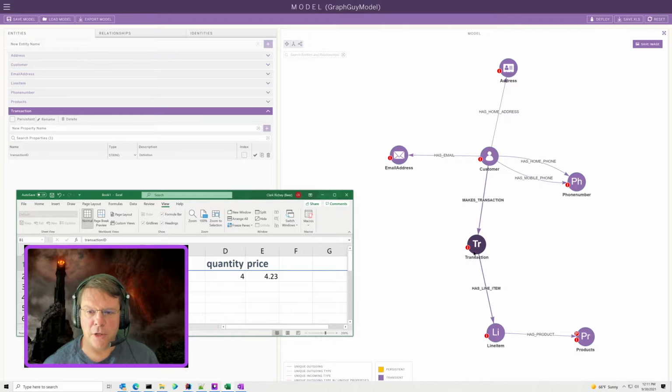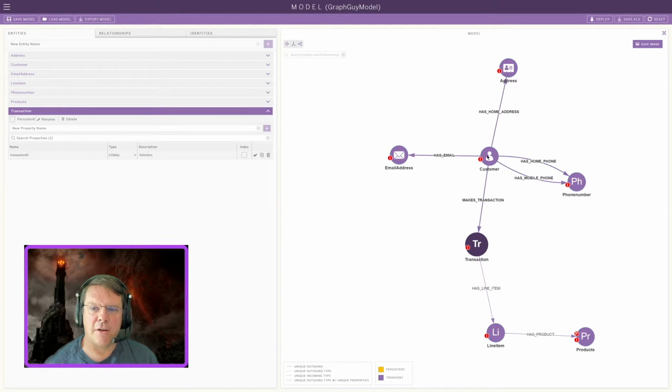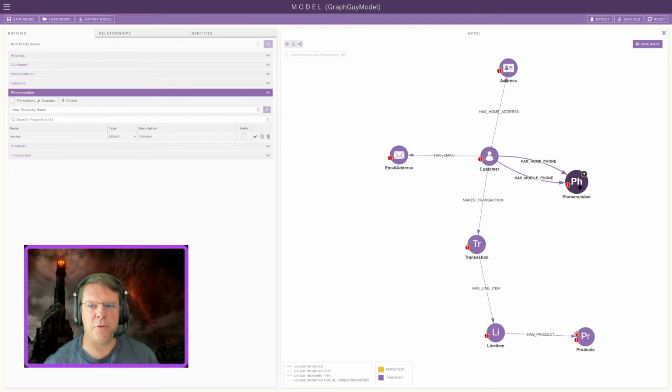Again, this is one of the hardest things. Resist that urge to duplicate the data. If you're looking at your model and you see, for example, that transaction and customer have some of the same data fields, or customer and phone number, because you're thinking in your mind, oh, how am I going to know whose phone number this is if I don't have the customer ID in it?